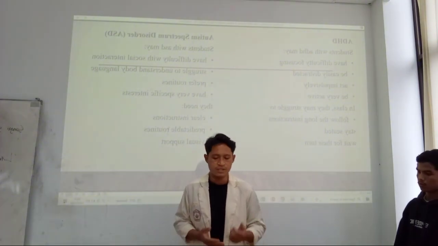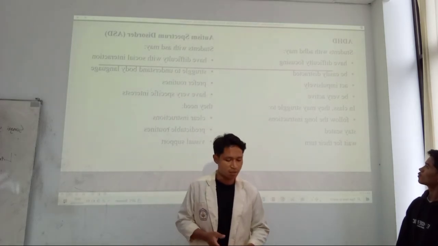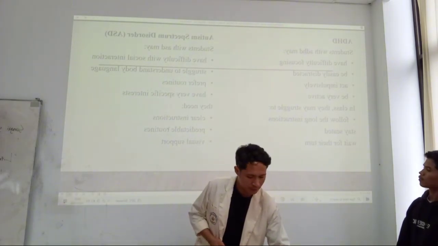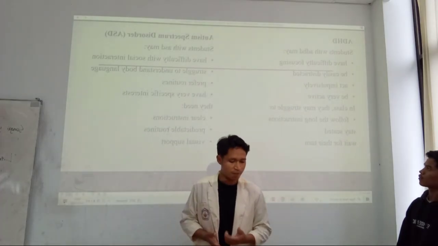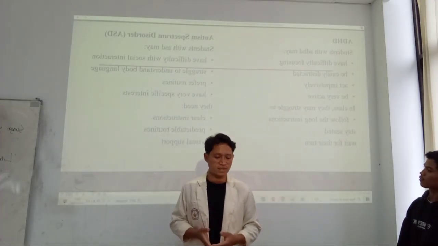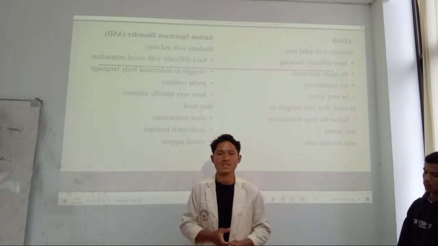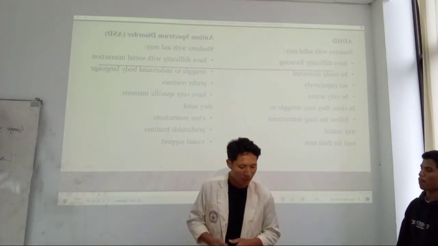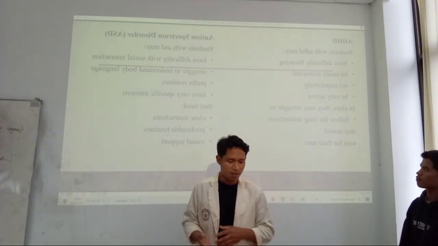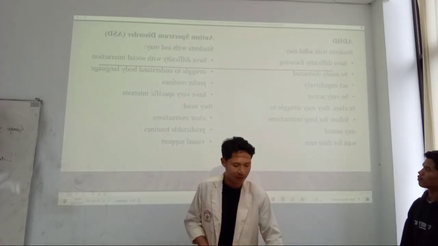And the third is autism spectrum disorder, or ASD. It relates to a neurodevelopmental condition that affects communication and social interaction. Students may have problems interacting with many people, and it often involves limited and repetitive patterns of behavior, interests, or activities.